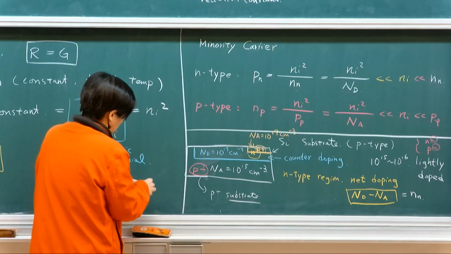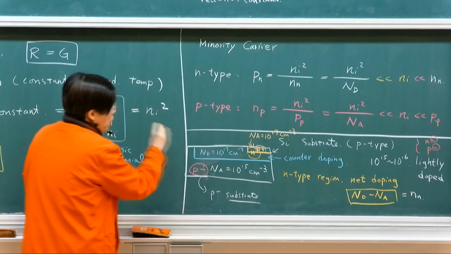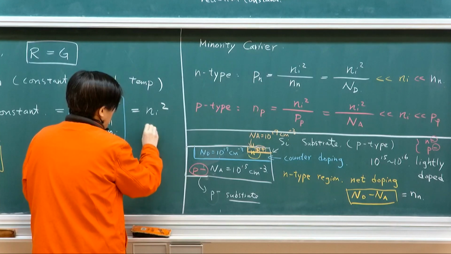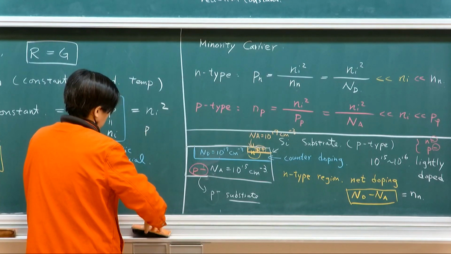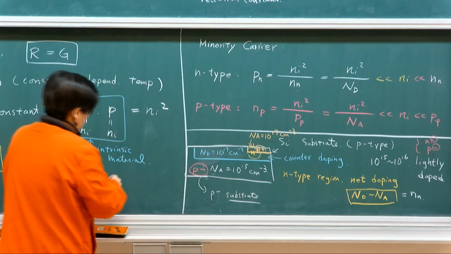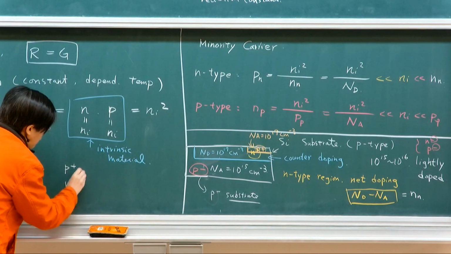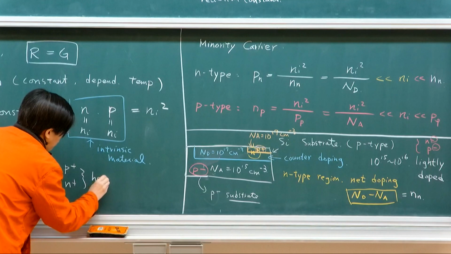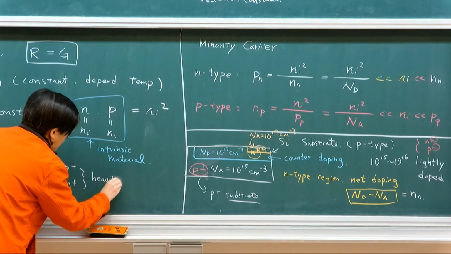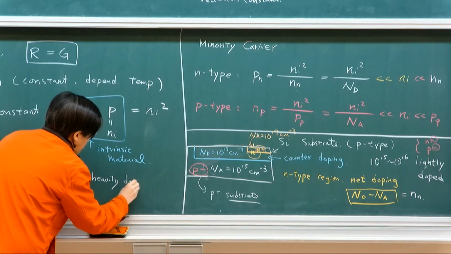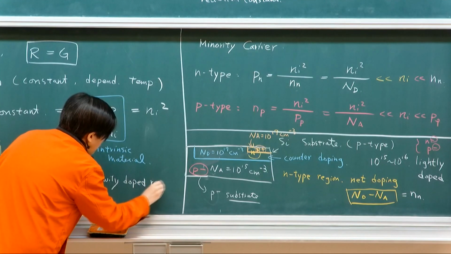I'm thinking about where to move. So I want to emphasize once again for P, for plus. If I'm saying P plus or N plus, this is referred to as the heavily doped region.